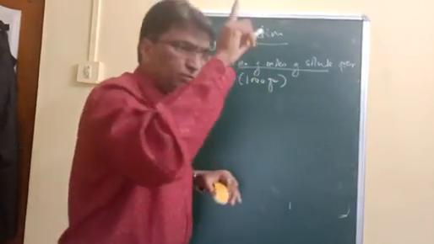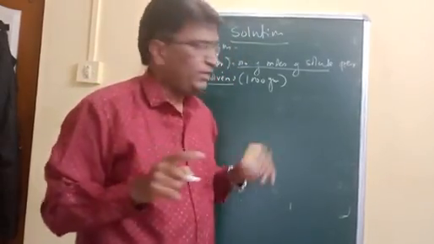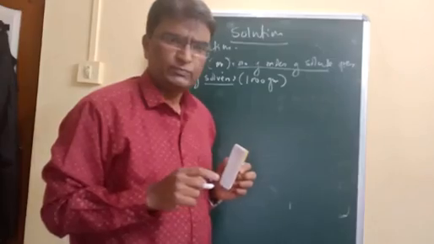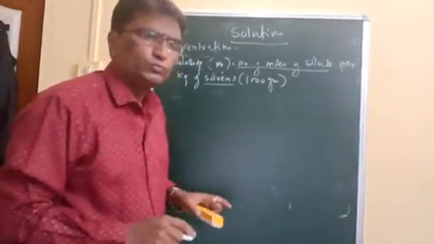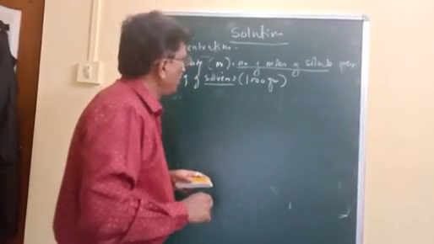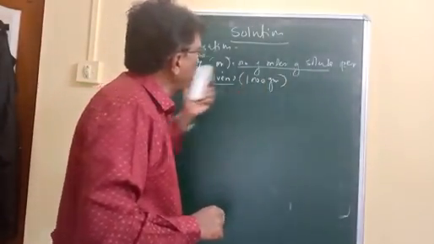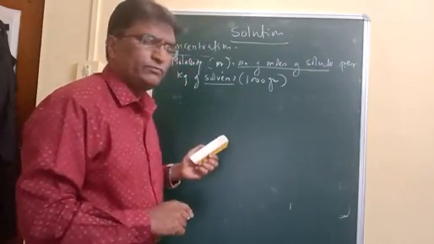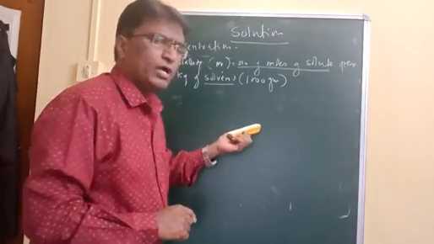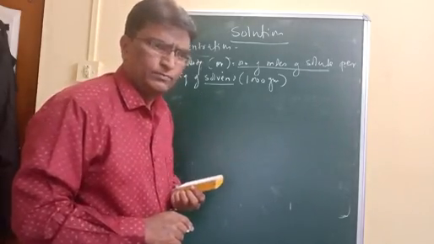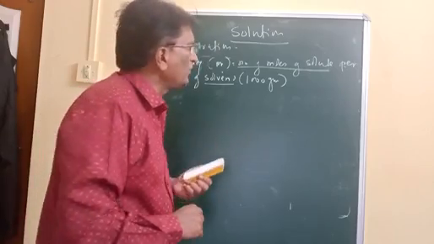Instead of solvent, there was solution, and here solvent. That means we can study this by comparing these two. If one number of mole present in 1000 gram of solvent, then it is 1 molal. If two number of moles present in 1000 gram of solvent, it is 2 molal, and so on.